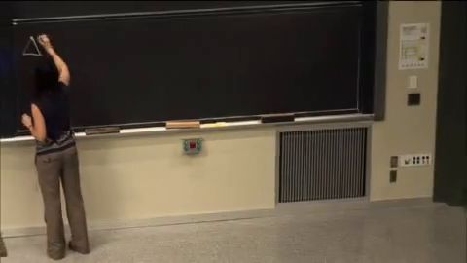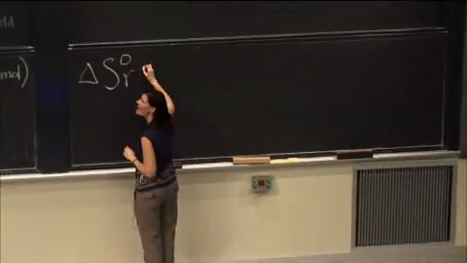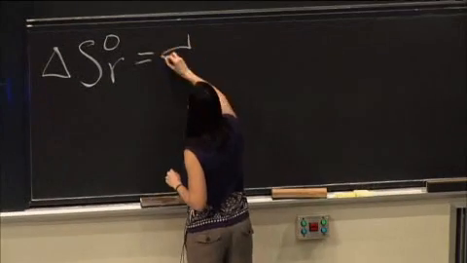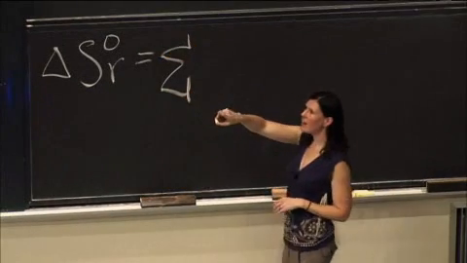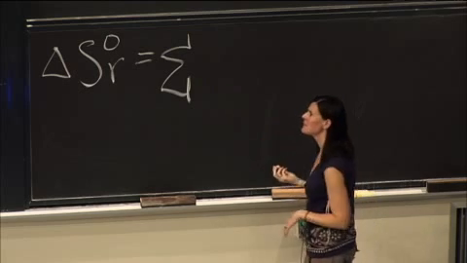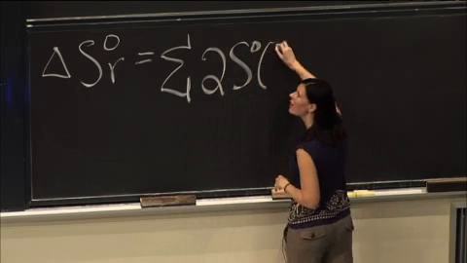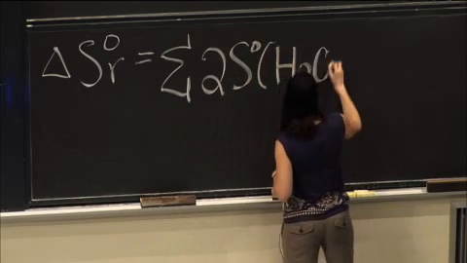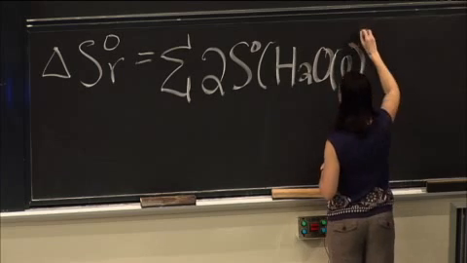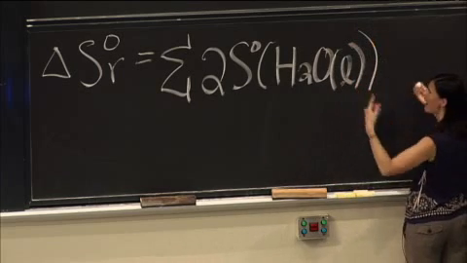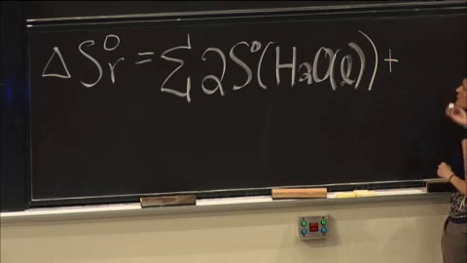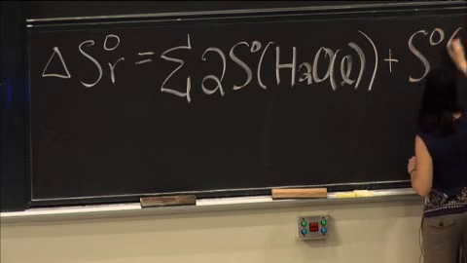So we're going to talk about delta S of the reaction. That's going to be the sum of the entropy of the products. So we're talking about 2 times the entropy of water, and we'll add to that our other product, which is molecular oxygen.